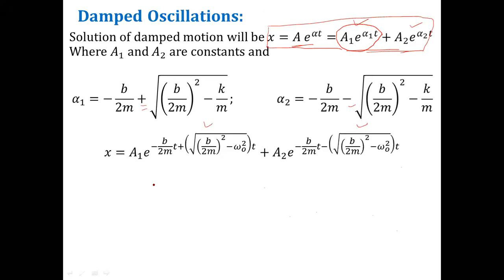Now, plug in the values of alpha 1 and alpha 2 here. You have alpha 1 multiplied by t, so you will have e raised to power minus bt upon 2m plus the square root of this whole term. k over m has been replaced by omega naught square. Here I have defined omega naught as your frequency for undamped oscillation.